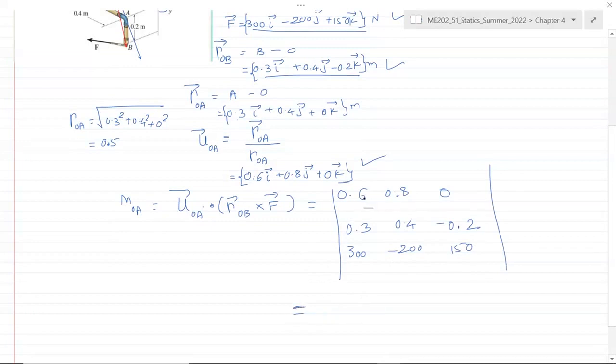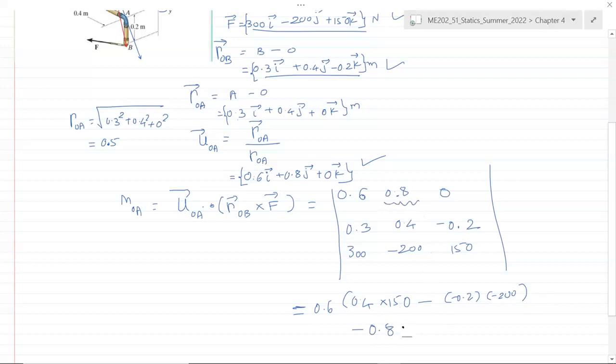It's the same as before, but now we don't have ijk, we have all 9 numbers. So it's 0.6, and in the bracket it's 0.4 multiplied by 150 minus negative 0.2 multiplied by negative 200. That's the first part. Then a negative sign.